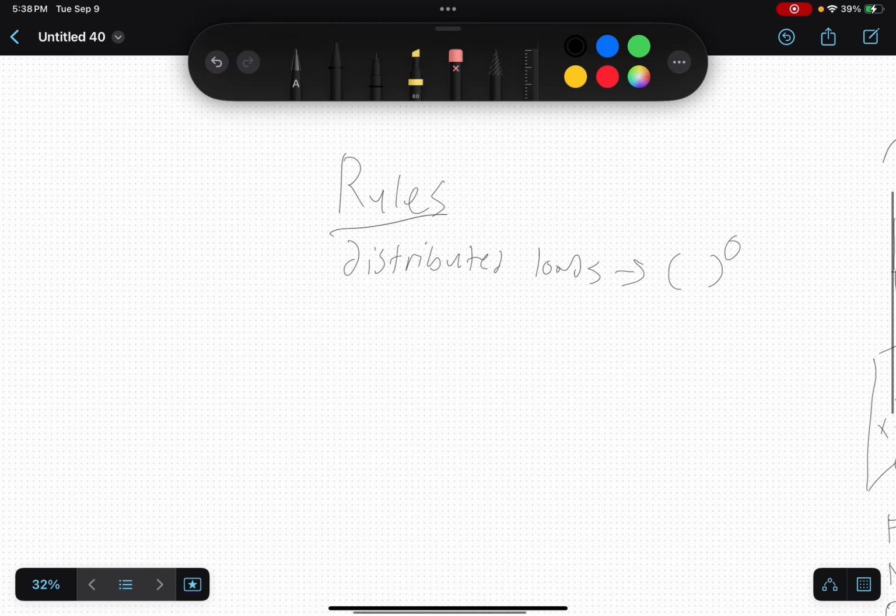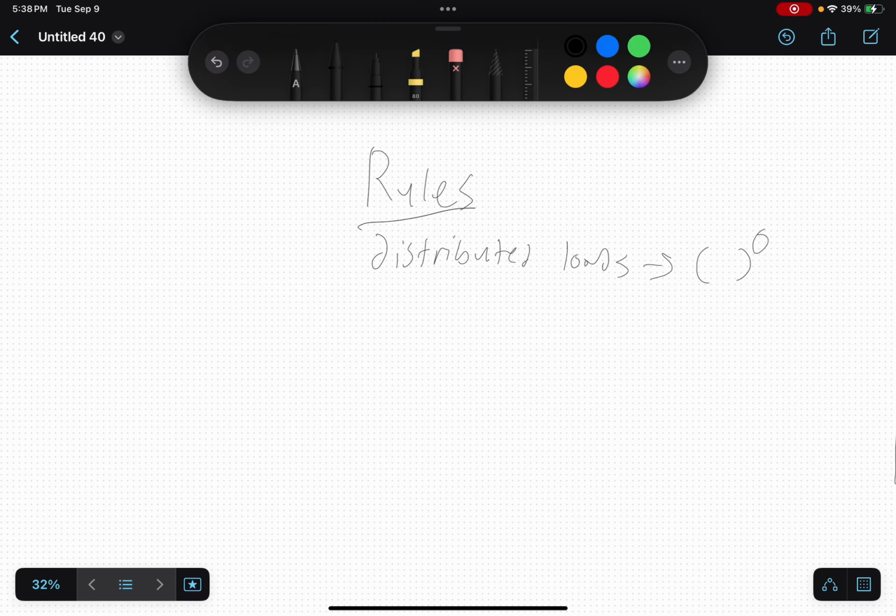This will make sense when I start writing it out, but I'm just writing these rules out here for now. Point loads take the form to the power of -1. Moments are to the power of -2.